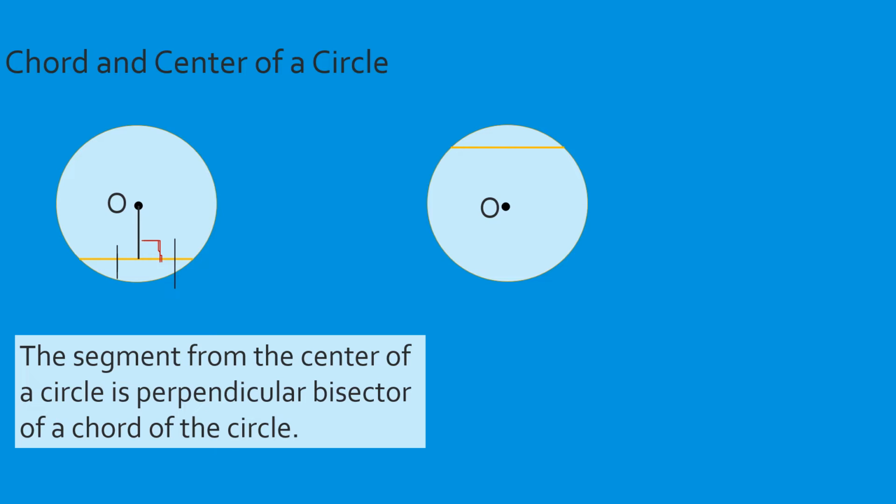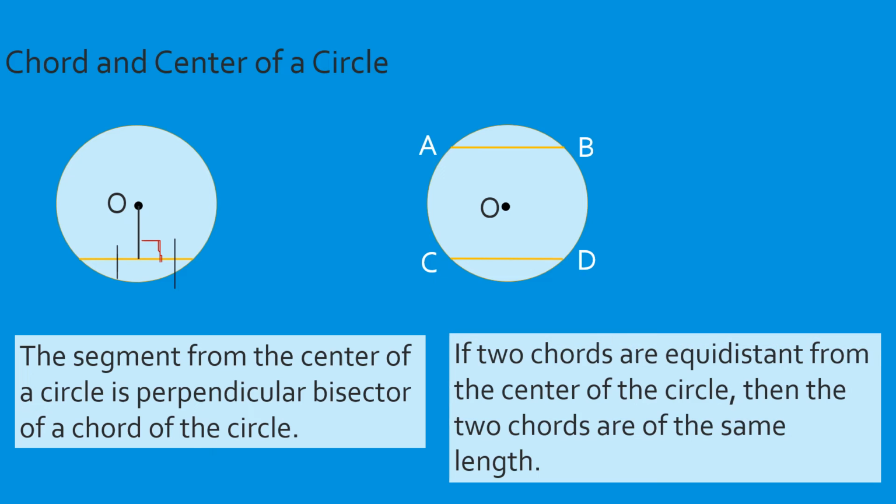Now, another one. That's chord AB or segment AB, and another chord CD, segment CD. It says that if two chords are equidistant from the center of the circle, then the two chords are of the same length. It means that this is the center.